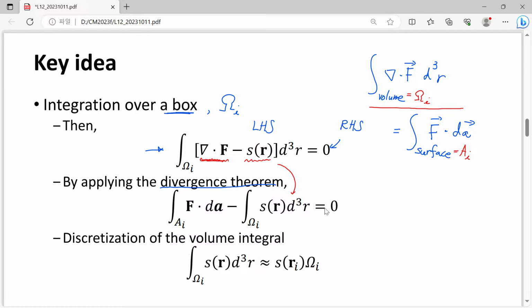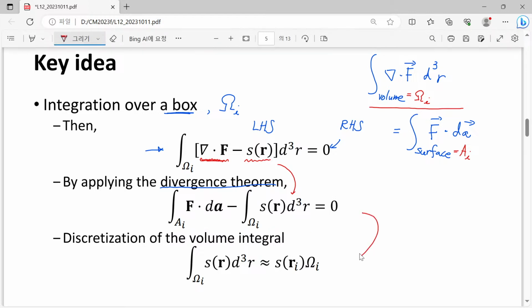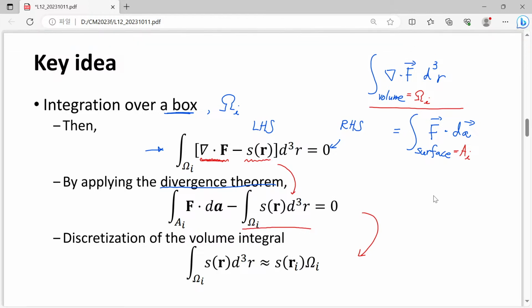But now we have to introduce approximation. For example, this one: discretization of the volume integral term. Think about this box, a two-dimensional box, when we consider the two-dimensional case.